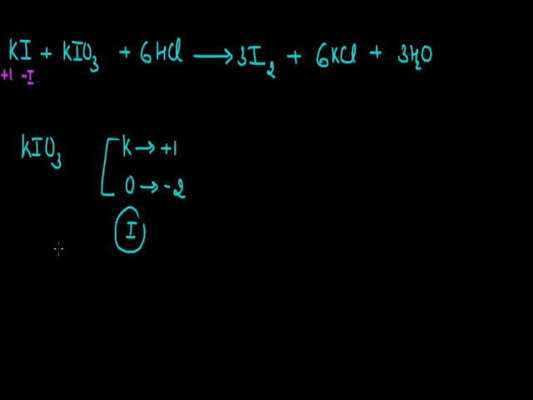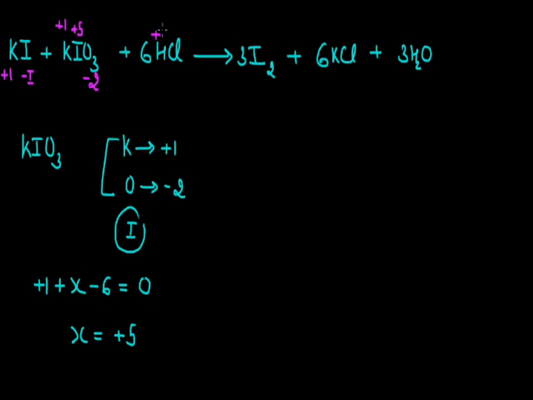So if I do the calculation, potassium shows the value +1, iodine I am considering as X, and the oxidation state of oxygen is -2, so the total charge will be -6, and the total charge on this compound will be 0. From here the value of X is +5, and that is the oxidation state of iodine here. Potassium shows +1 oxidation state, iodine shows +5, and the oxidation state of oxygen is -2.